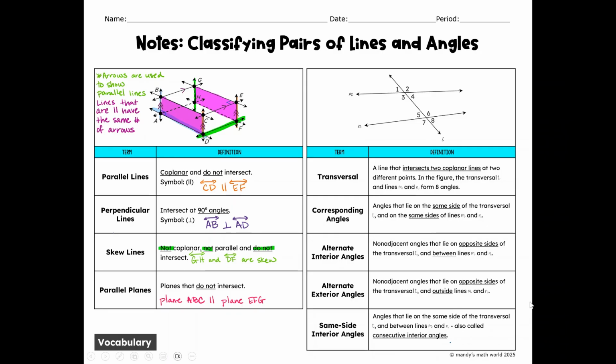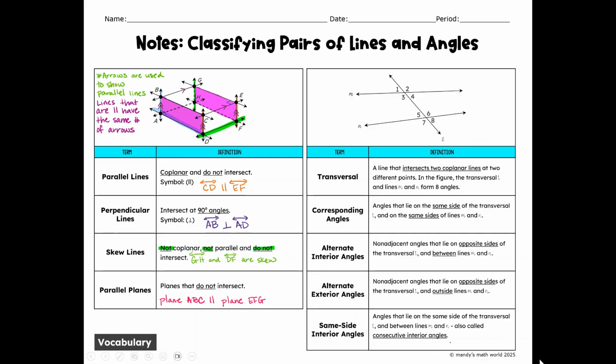So now let's go over here to the right side of the page where we're looking at vocabulary when we're classifying pairs of angles. So in looking at this image, I've got two lines, M and N, and then I've got line T, and obviously it intersects lines M and N. And I've got all these numbers indicating that there are 8 angles that are formed.